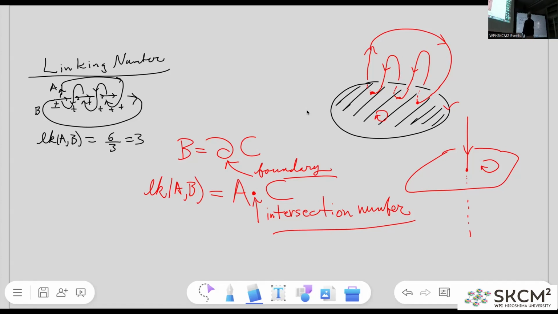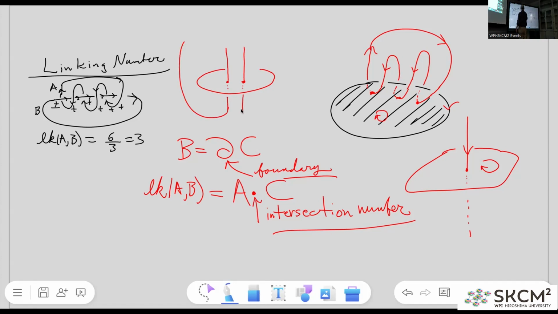You can look at other examples that we're familiar with and see how they look from this point of view. For example, in the Whitehead link, we had the following.